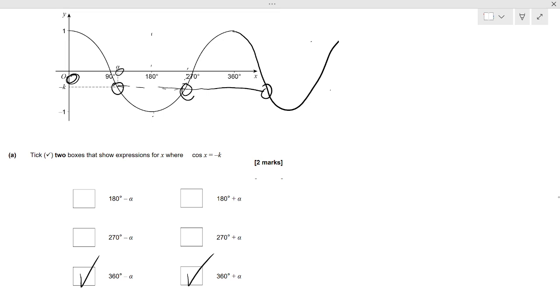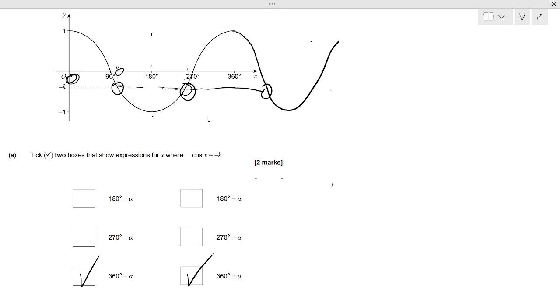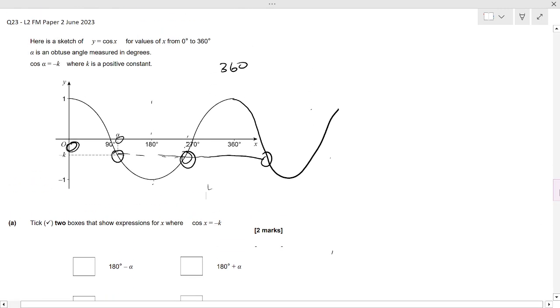And then if we added a 360 onto here, we would then get the next solution for that as well. But those are two answers, okay? And that's in general how you solve a cos graph. So if cos x is some number, k or minus k, that's how you can get it, okay?